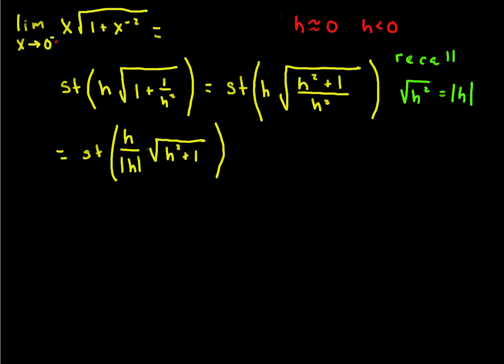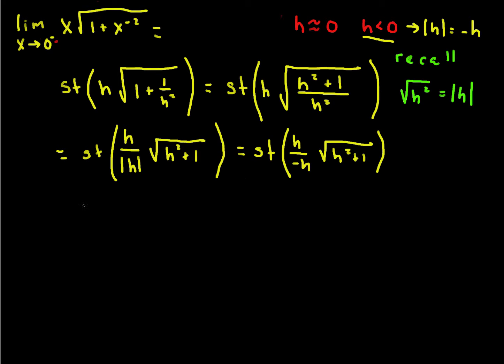And now, since h is negative, this tells me that the absolute value of h is negative h. h is negative, so if I multiply by negative, it becomes positive. So this is equal to the standard part of h divided by negative h times still the square root of h squared plus 1. Now I get some canceling there.